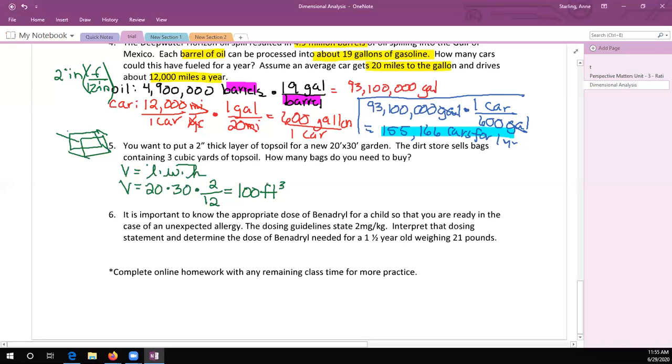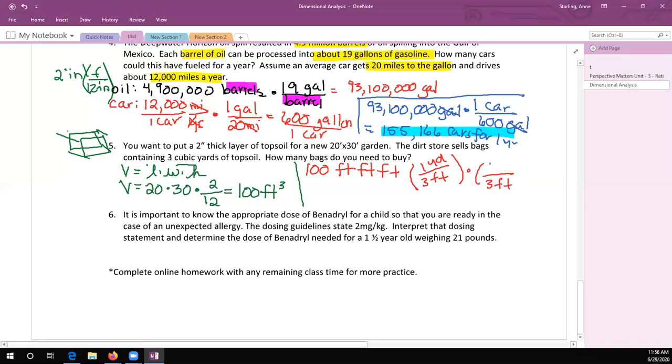Now we can only buy it in cubic yards. So we have to convert 100 feet, feet, feet, 3 sets of units, into cubic yards. So we have to do the conversion 3 times. We have to do 3 feet is in 1 yard 3 different times.